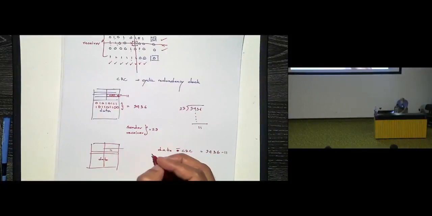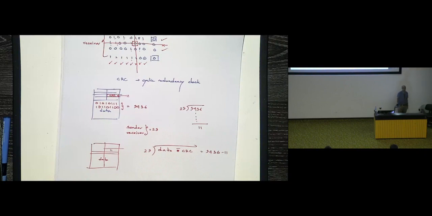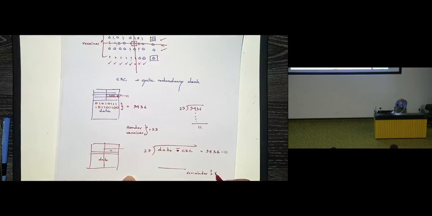And then divide by 29, and then it will see what the remainder is. Is this equal to 0? If it is not equal to 0, it says there's an error. If it is equal to 0, it says no error.